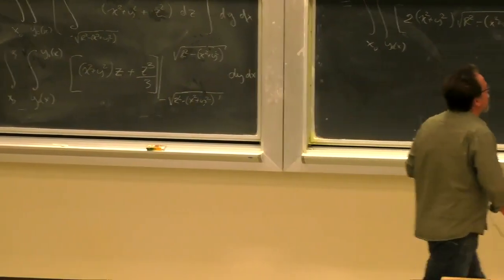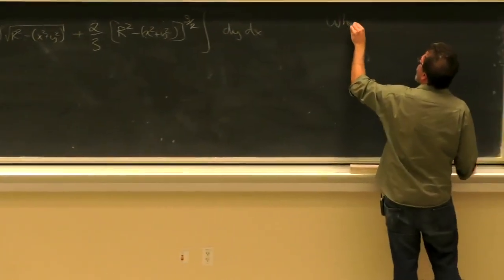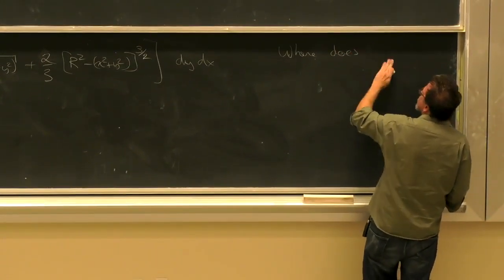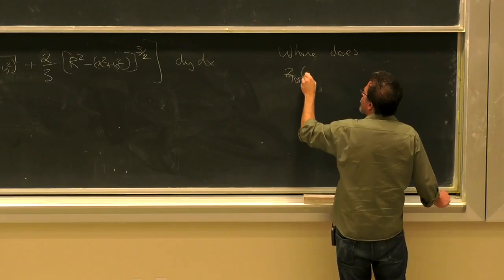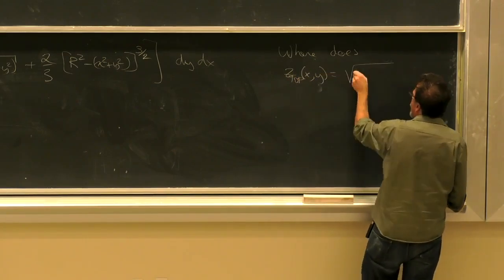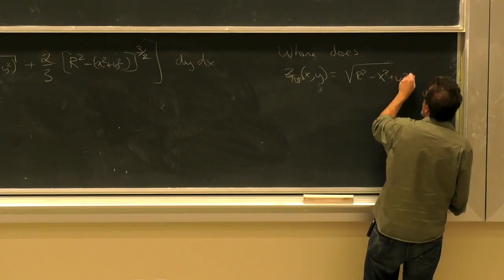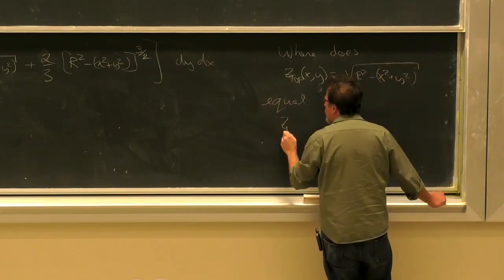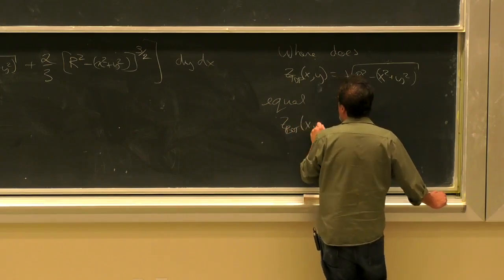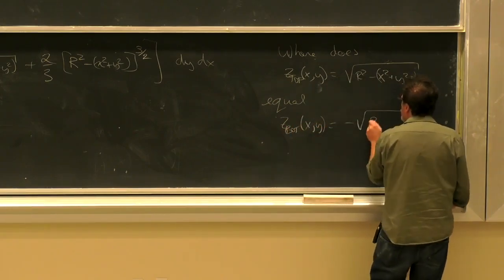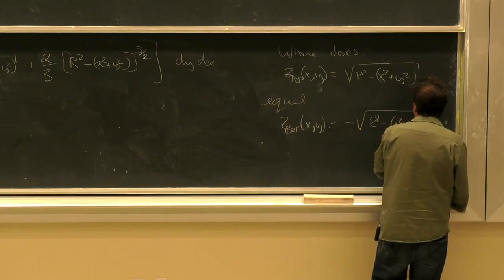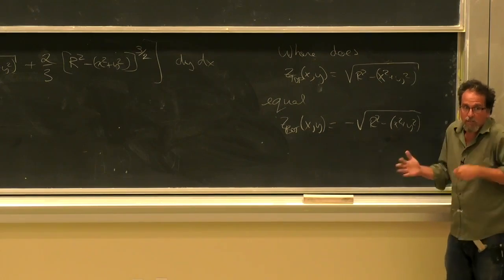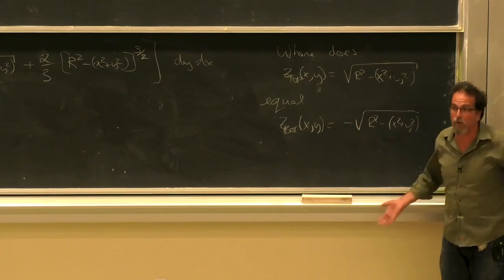So where does z top of xy, which equals the square root of r squared minus x squared plus y squared, that's the top surface, equal z bottom of xy, which is equal to negative square root of r squared minus x squared plus y squared? Well, this is a number and this is its negative. Where does a number equal its negative? When that number is 0.